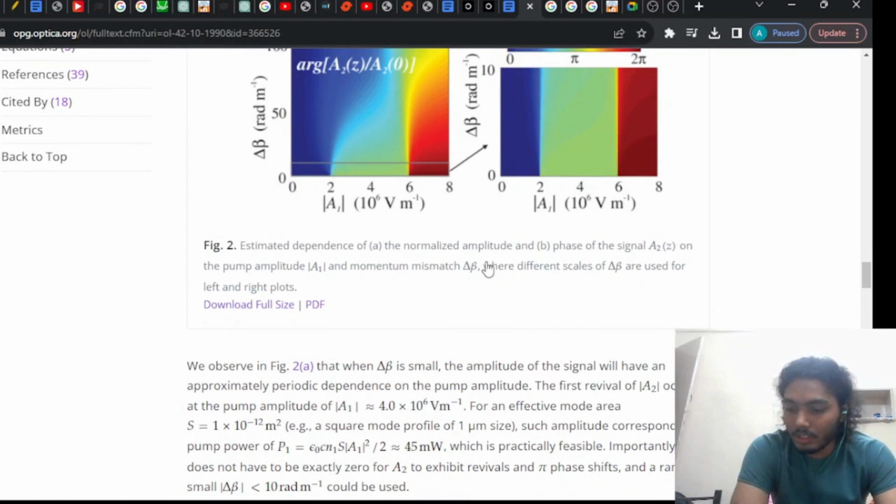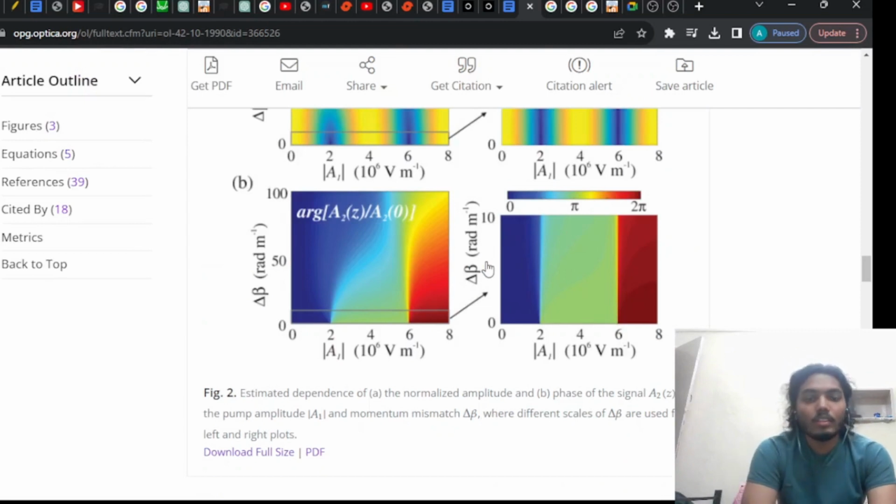So the next thing is that delta beta is beta 1 plus beta 2 minus beta 3, that is the phase mismatch. We know beta 2 and beta 3.